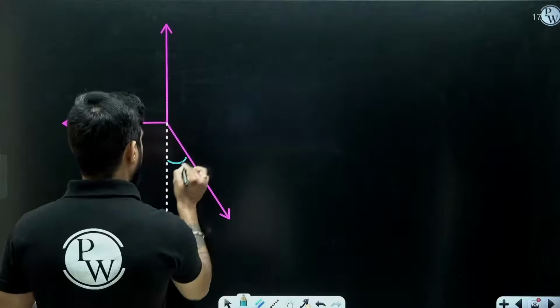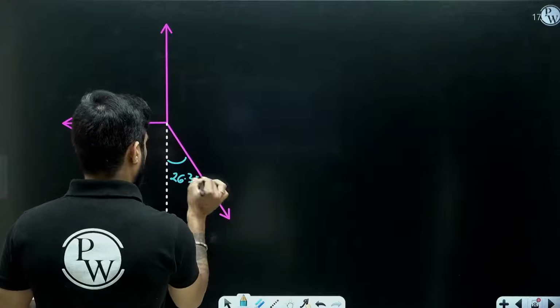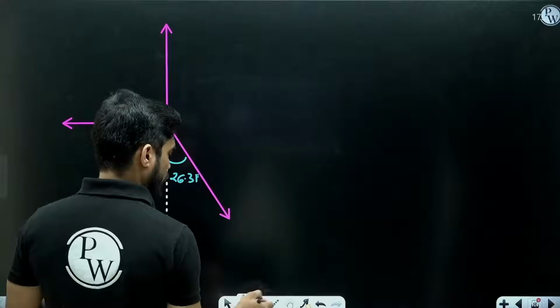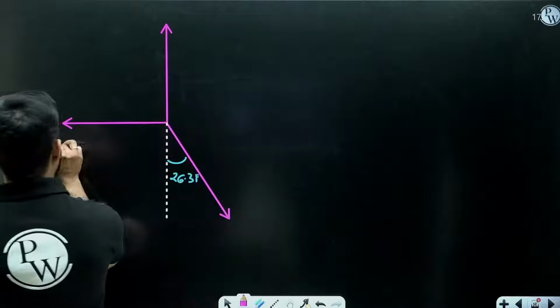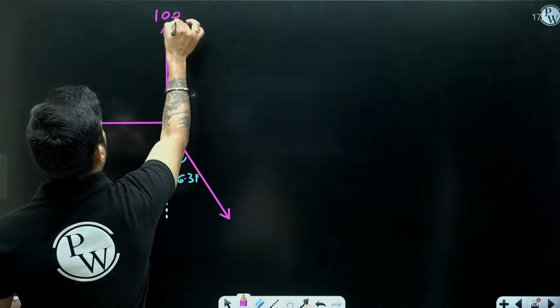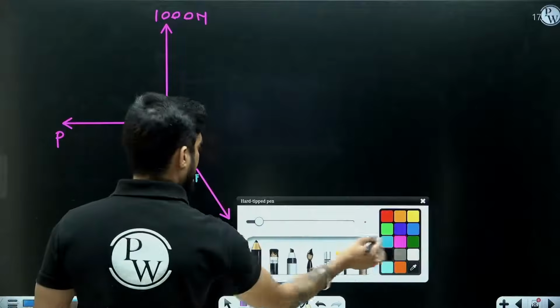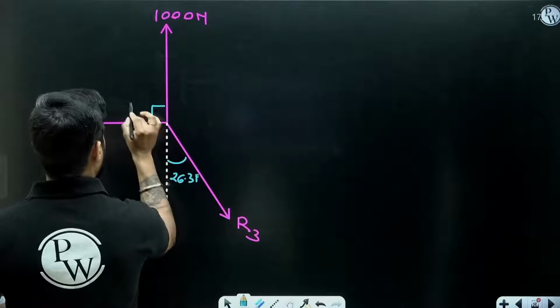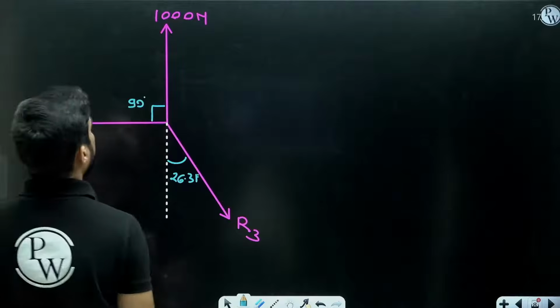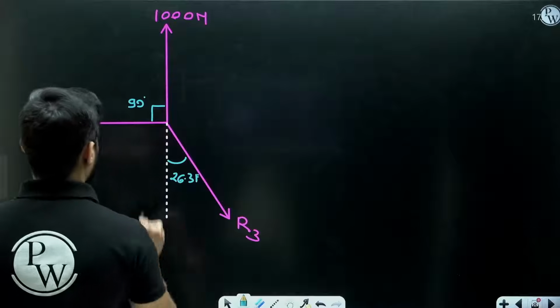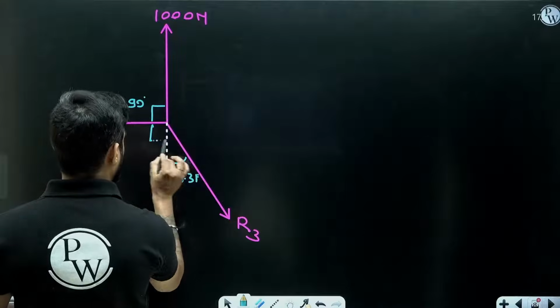This angle will be 26.31. Okay. So this is P. This is 1000 Newton. This is R3. Okay. This is 90 degree. This is 90 degree.